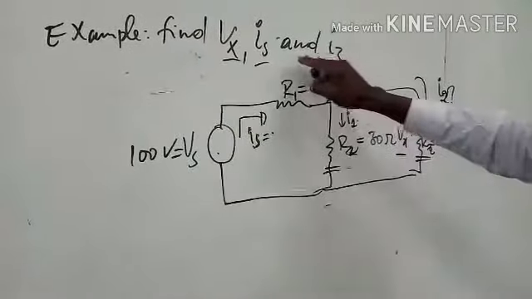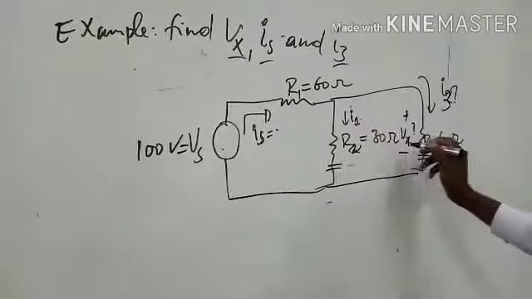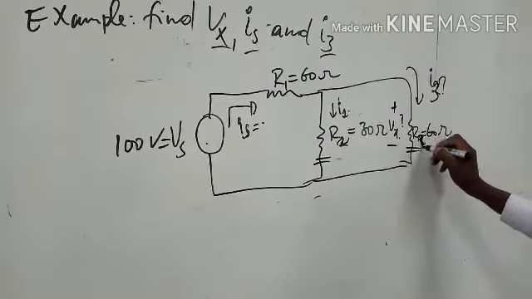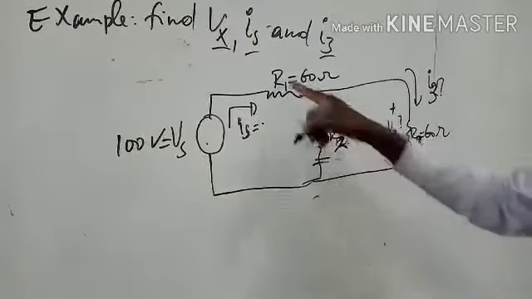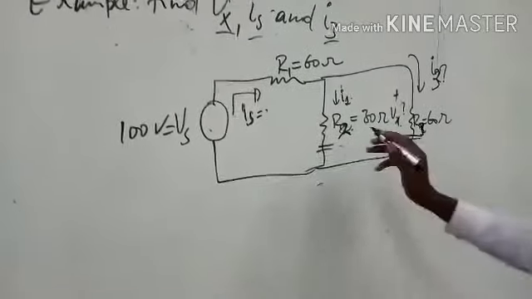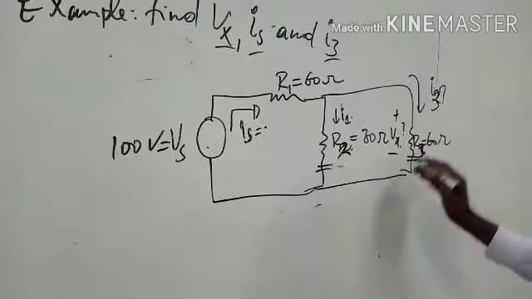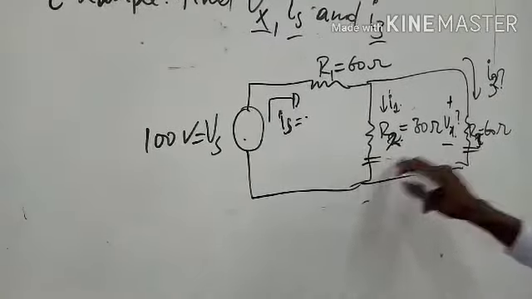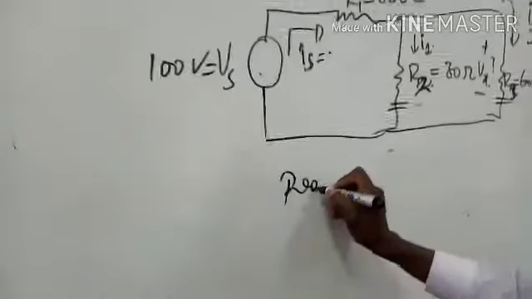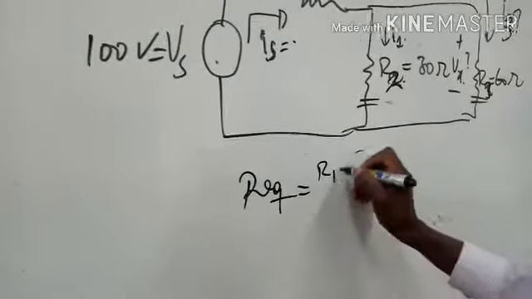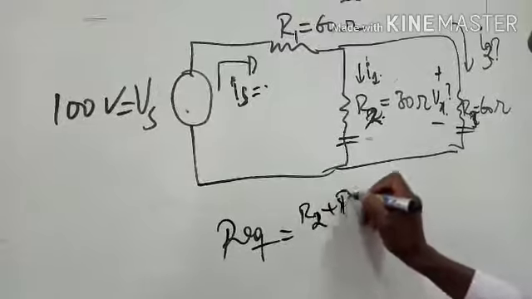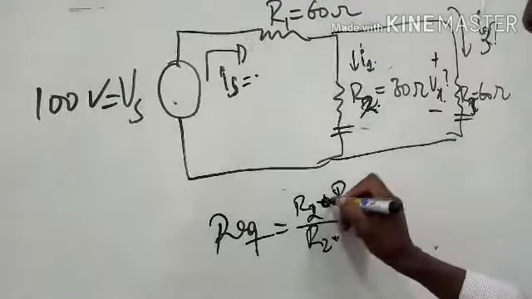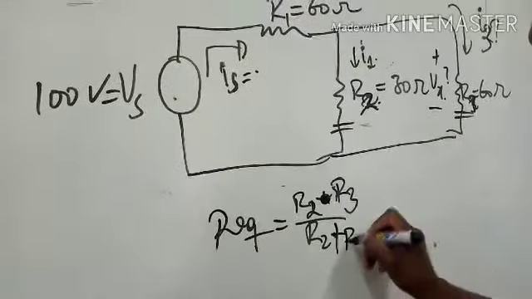In fact, we will have to find the Vx here. Here we have R free, and then here we have R2, and there we have R1. Let's just find this value. We have just to find R equivalent because this is in parallel with this, and R equivalent is equal to R1 times R2 over R1 plus R2.